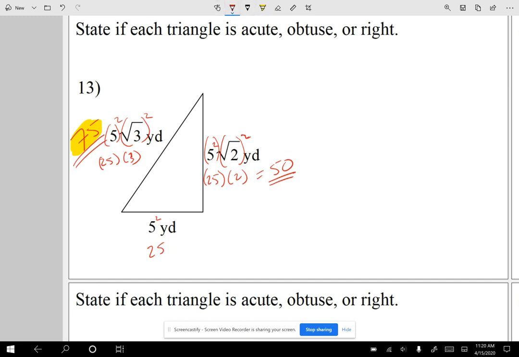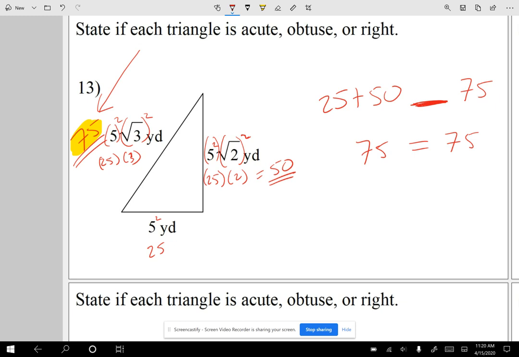All right, so let me add the other two. 25 plus 50. I don't know if I have an equal sign, greater than, less than, so I'm going to leave that empty. And then I'm just going to write 75. That 75 comes from here. Now, 25 plus 50, I know that's 75.